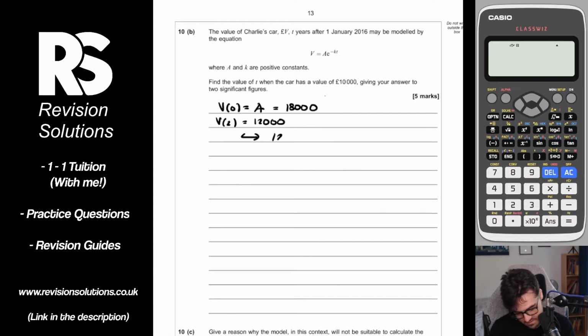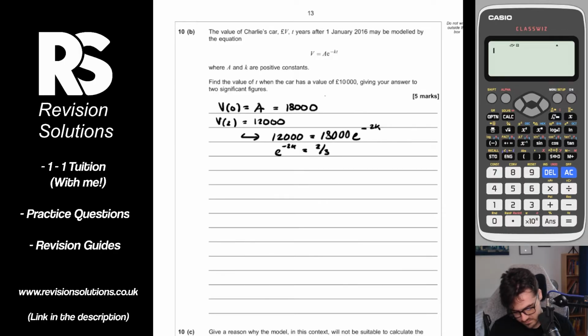Well, we know 12,000 equals 18,000 e to the minus k times 2, so 2k. And then simplifying that, we'd have e to the minus 2k would equal 12,000 over 18,000, which is 12 on 18, or it's simply 2/3.